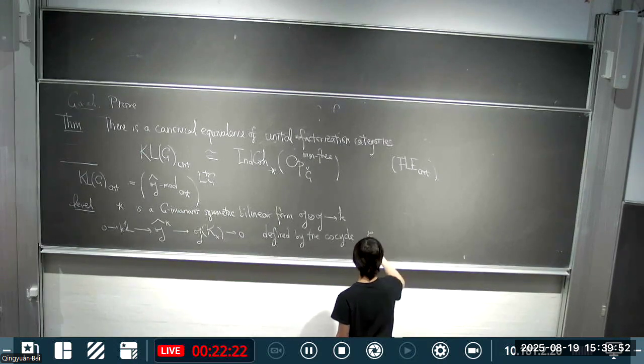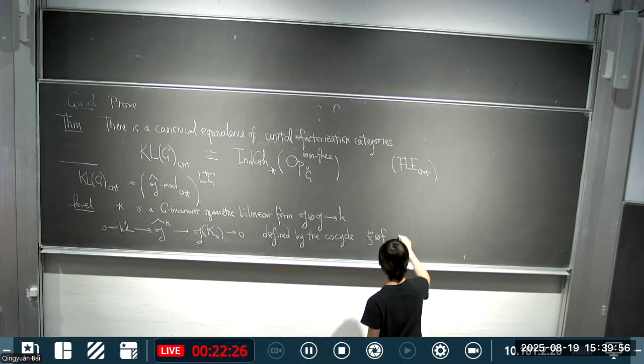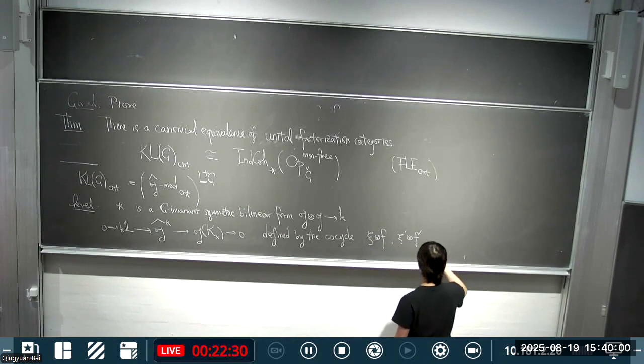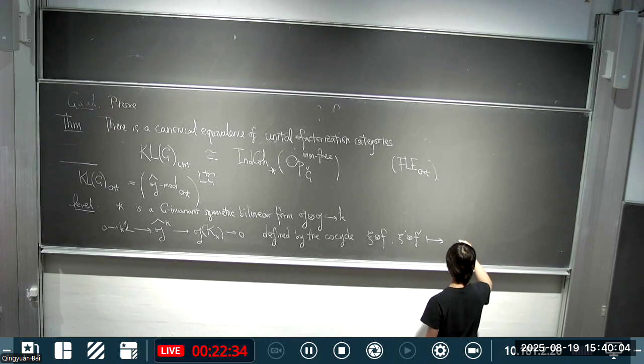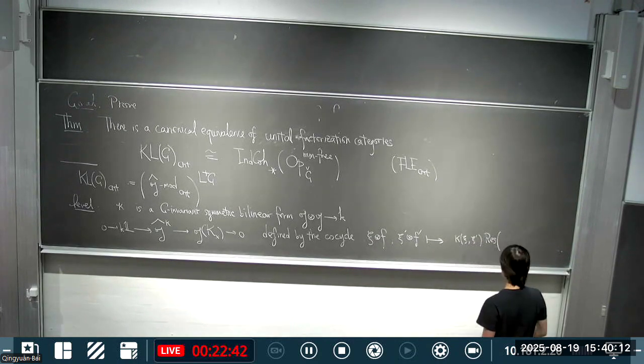It sends two such elements, one is called c tensor f, and one is called c prime tensor f prime, to kappa evaluated at c and c prime, and then you apply the residue operation to a certain differential one-form, and that's d f times f prime.